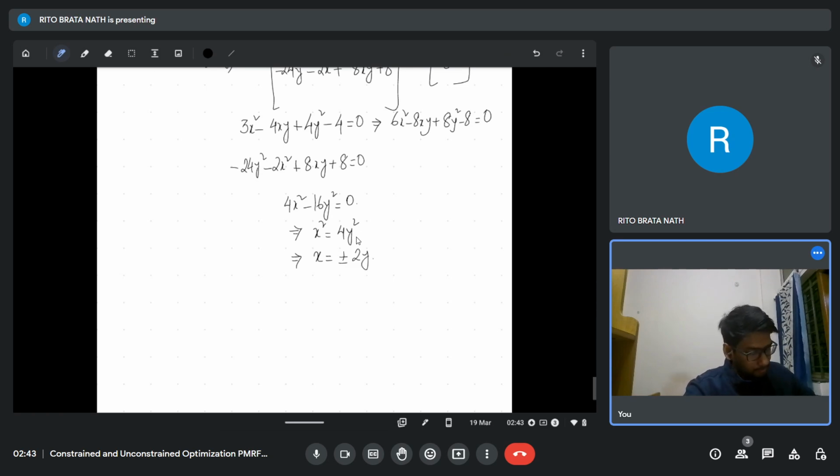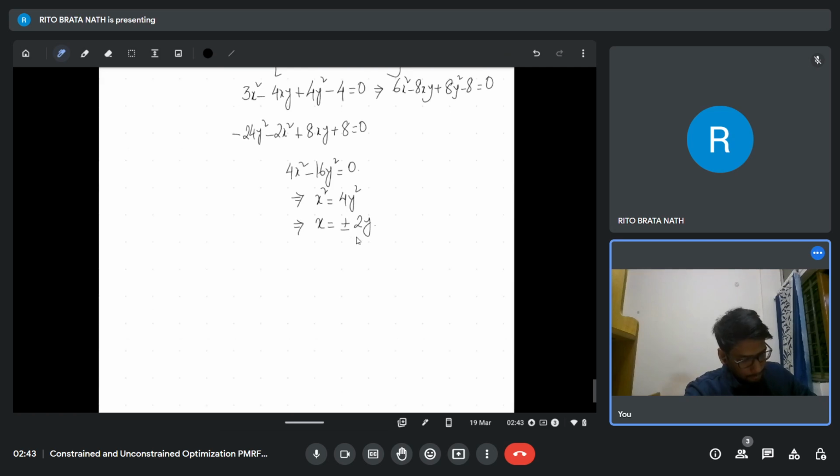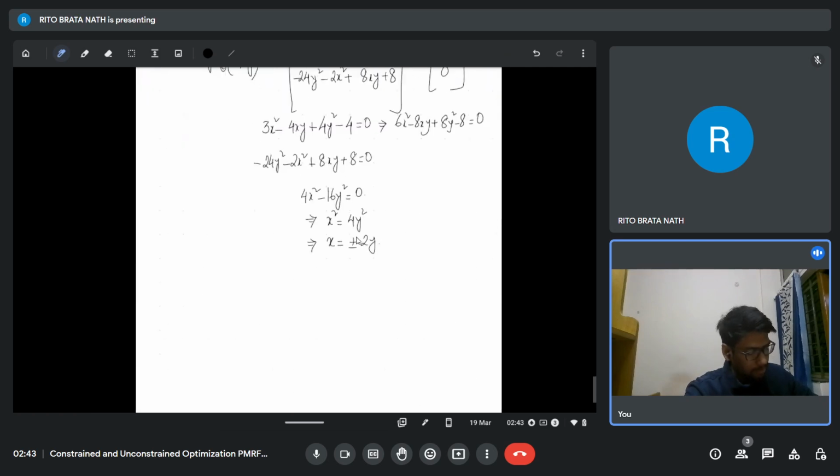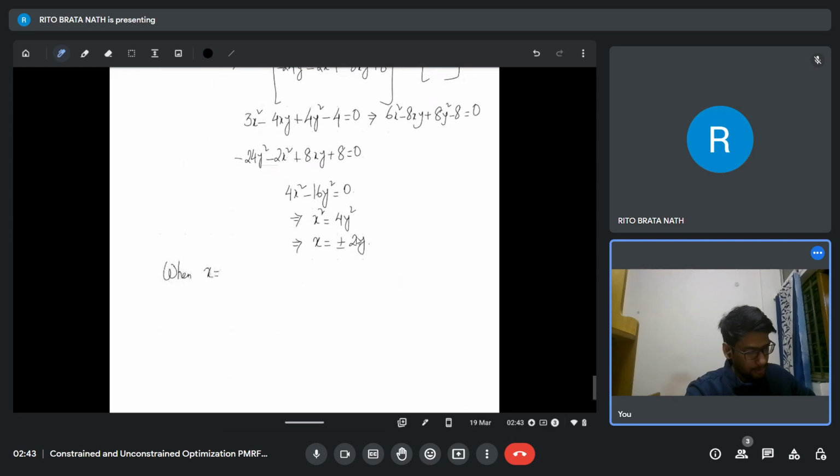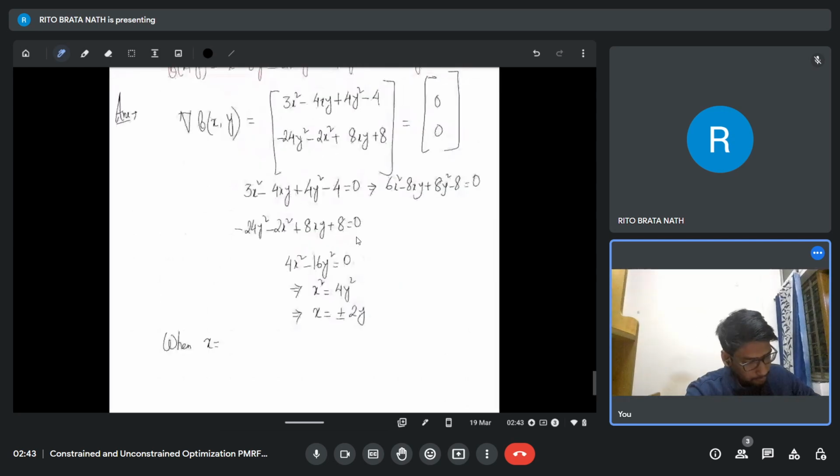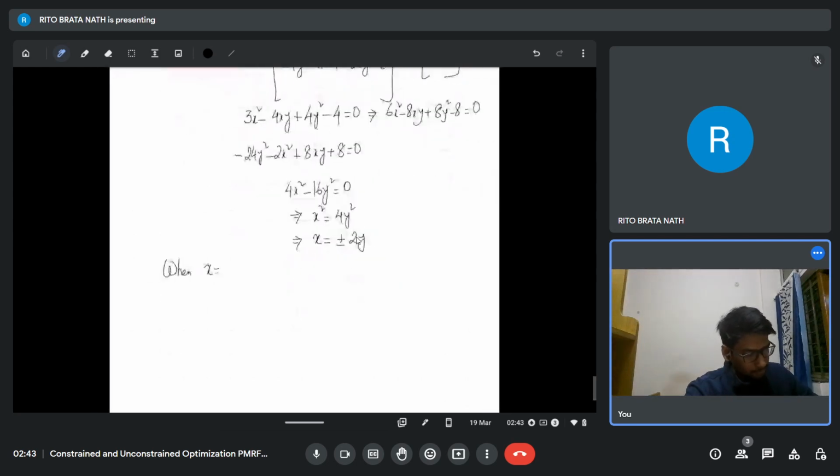So when x equals 2y, you have 3x square minus 4x times y, and in place of y, I'll replace it by x by 2, plus 4 times (x by 2) square minus 4 equals 0.